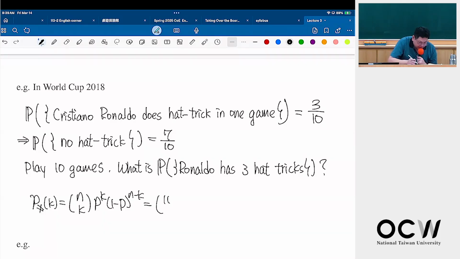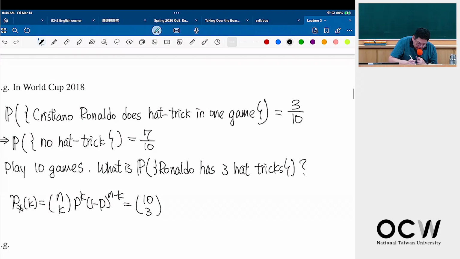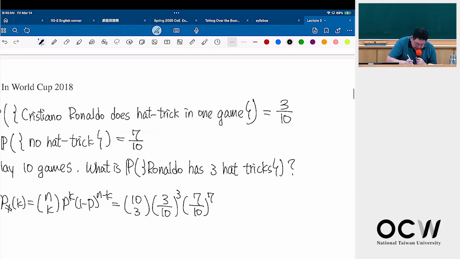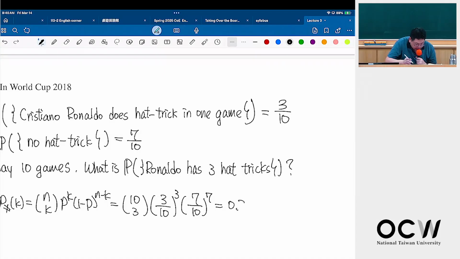So you get 10 choose 3, because I only want 3 hat tricks. And to get the hat trick in one game, there will be 30%. And if not, there will be 70%. So you got 0.266. So maybe it's around 27%.